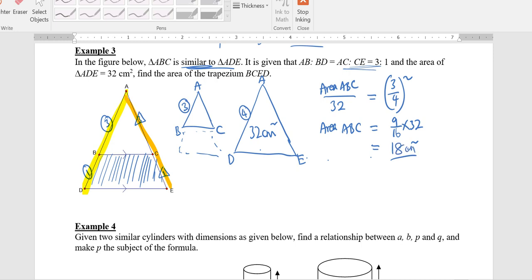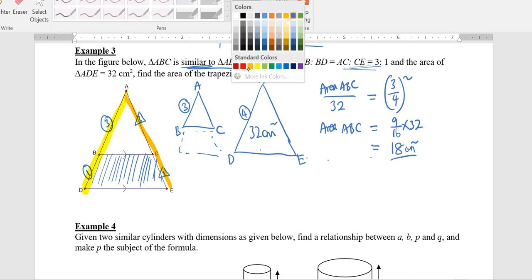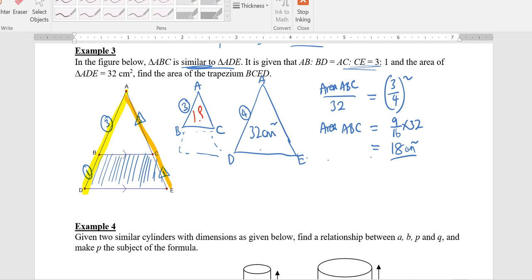After finding the area of ABC to be 18 cm squared, I can now take the larger triangle area minus the smaller triangle area to get the area of the trapezium. So the area of trapezium BCED is therefore 32 minus 18, which is 14 cm squared.